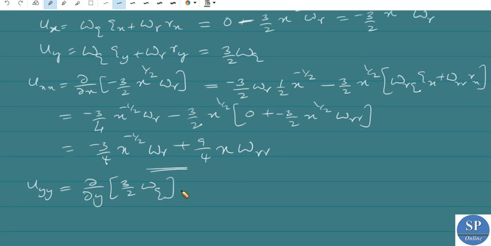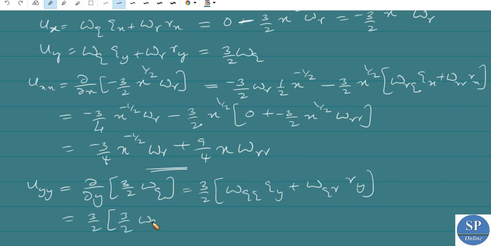So this is nothing but taking 3 by 2 outside, the derivative of w_q with respect to y, this is w_qq into q_y plus w_qr into r_y, but we have r_y is 0, so this second term is 0, and this will be 3 by 2 into q_y, which was 3 by 2, so 3 by 2 into w_qq, so this is equal to 9 by 4 into w_qq. Okay, so this is u_yy.